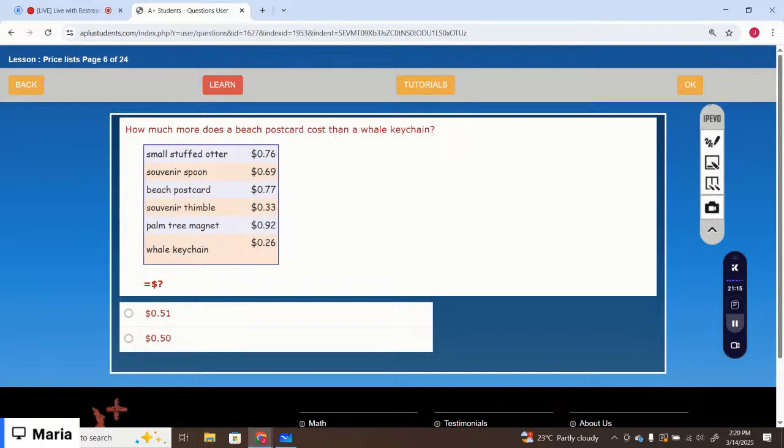How much more does a beach postcard cost than a whale keychain?